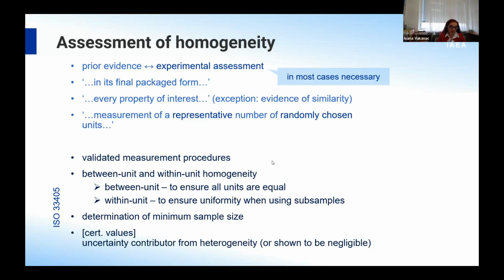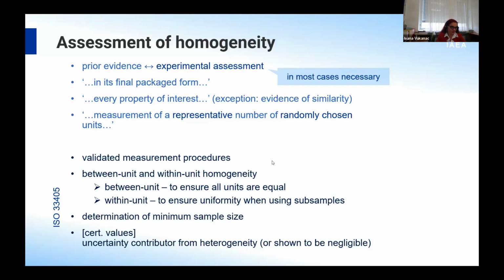Within-unit homogeneity is reflected directly in the minimal size of a subsample that is representative for the whole unit. That's how we determine the minimum sample intake by the method for which we guarantee homogeneity of the reference material.